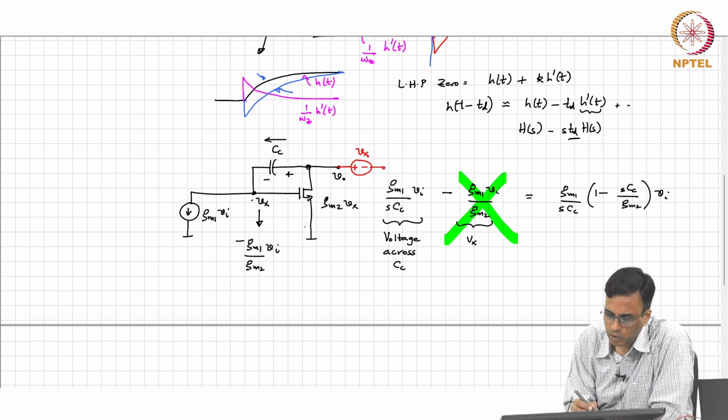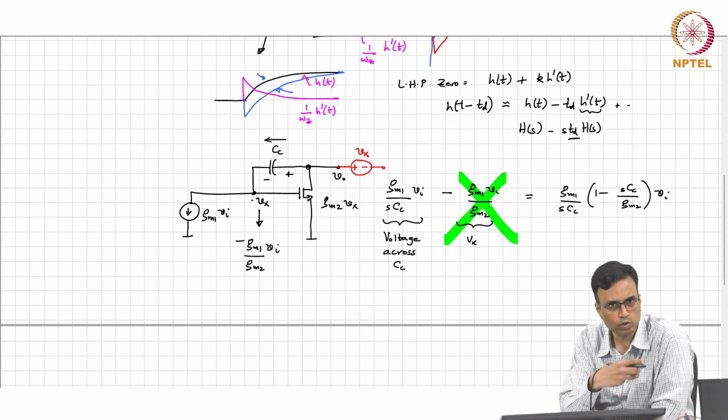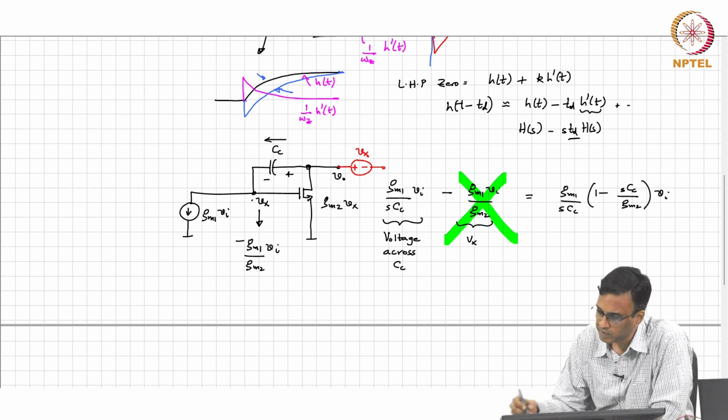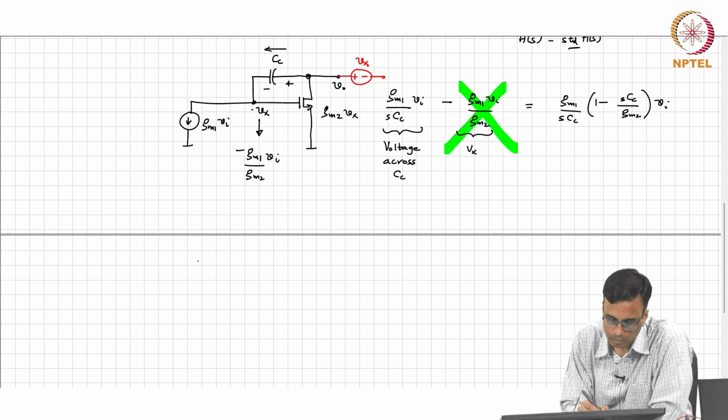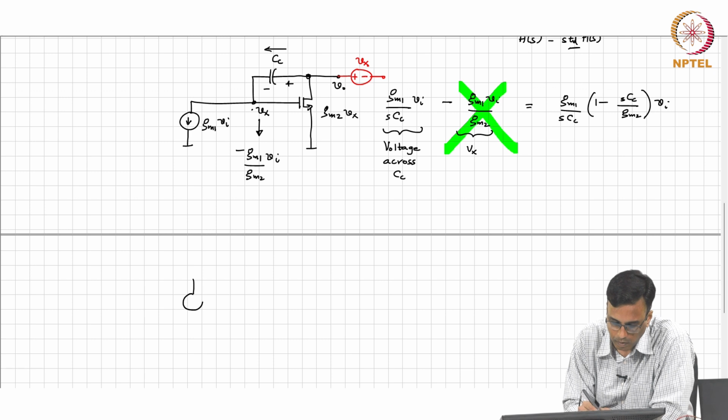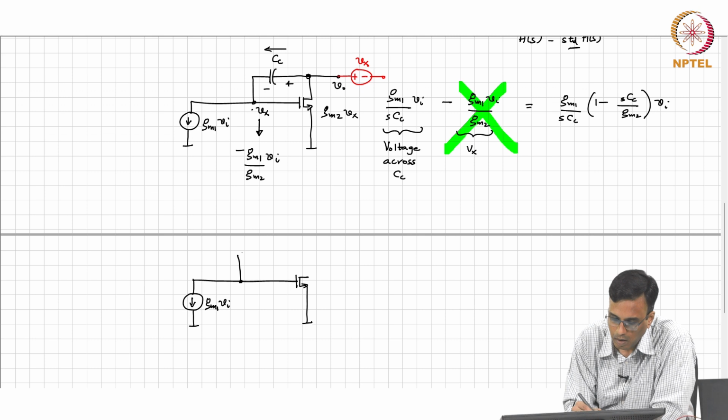Now, all of you I am sure are aware that you can always take a voltage source and push it through a node, correct. So, this is equivalent therefore to Vx.